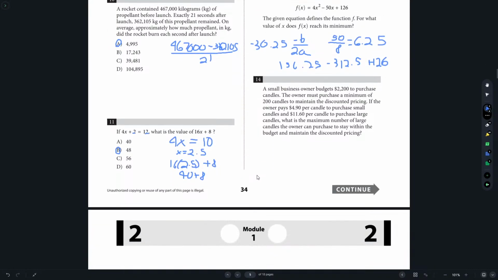A small business owner budgets $2,200 to purchase candles. The owner must purchase a minimum of 200 candles to maintain the discounted pricing. If the owner pays $4.90 per candle to purchase small candles and $11.60 per candle to purchase large candles, what is the maximum number of large candles the owner can purchase to stay within the budget and maintain the discounted pricing? Let's see.